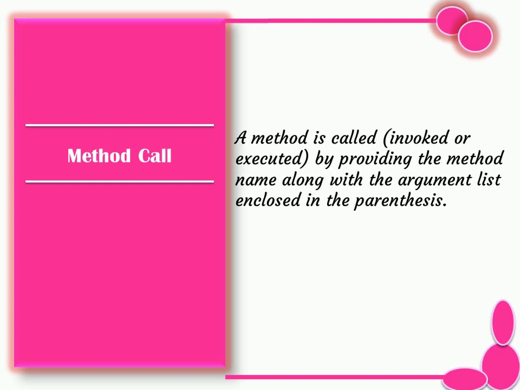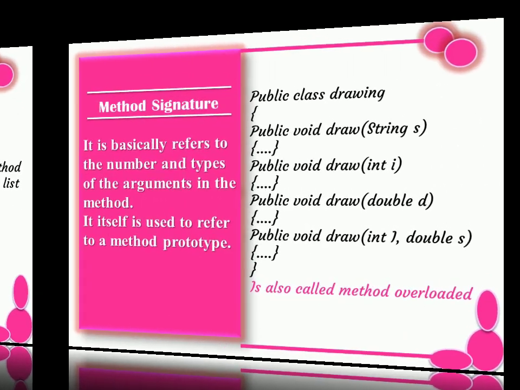Now we'll see what is method call. A method call is nothing but we can call a method during execution by providing a method name along with the argument list enclosed within the parentheses. So these are the three different forms used in a method.